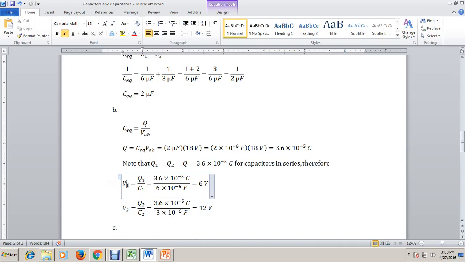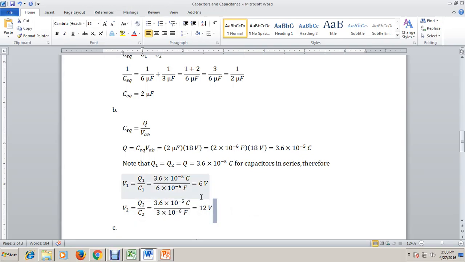So therefore, we can now proceed with computing for the individual voltage across each of the capacitors, since we are already given the values for the charge in each of the capacitors. So V sub 1 is equal to Q sub 1 over C sub 1. Q sub 1 is 3.6 to the negative 5 over 6 microfarads, so that gives us 6 volts. V sub 2 is given as Q sub 2 over C sub 2, 3.6 to the negative 5 over 3 microfarads. That is given as 12 volts.